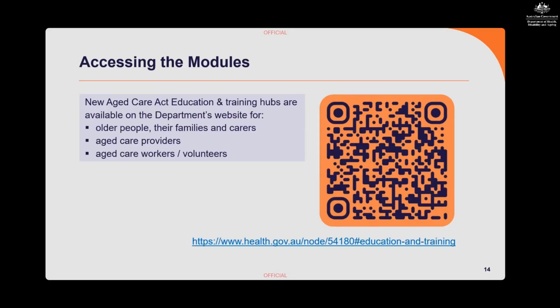For aged care providers, workers and volunteers, the modules are also available on the Commission's ALICE platform. Providers are also able to request the modules for their own learning management systems through the Commission's SCORM sharing initiative, which is again on ALICE.